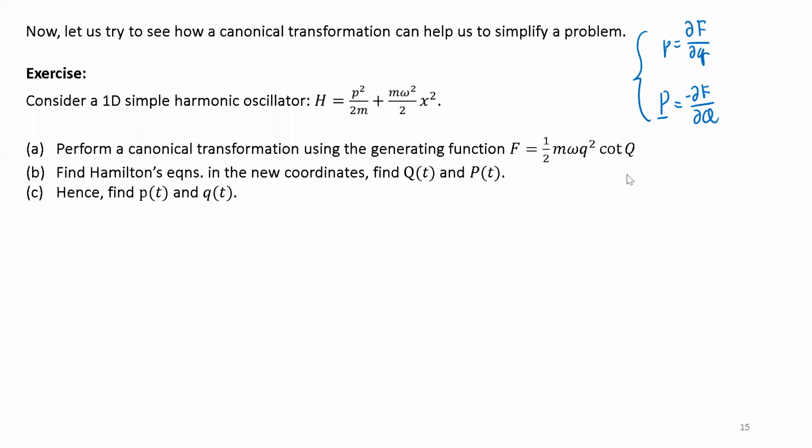Okay, so first of all, let me just call x as small q. I think you should have already gotten the relation between the old coordinate and the new coordinate.